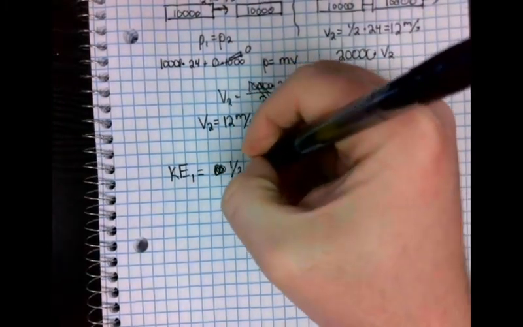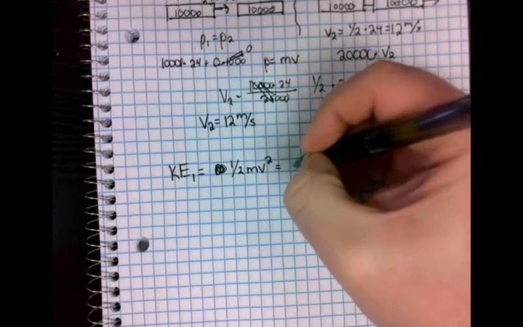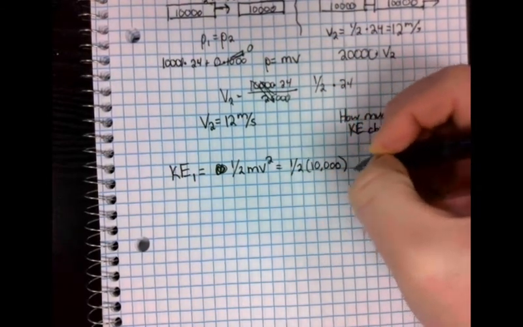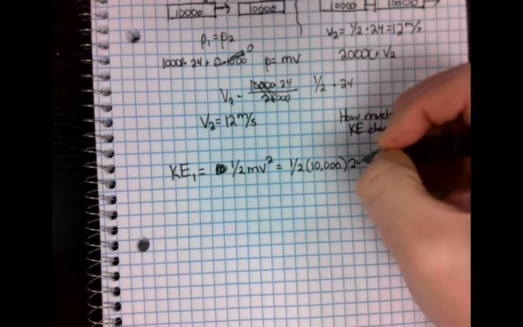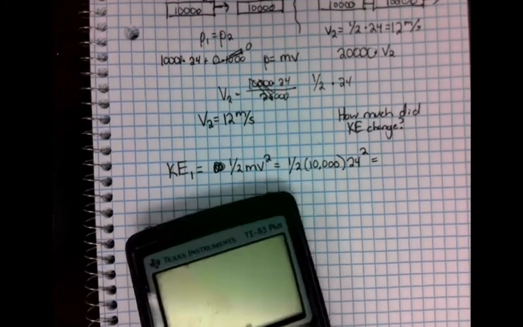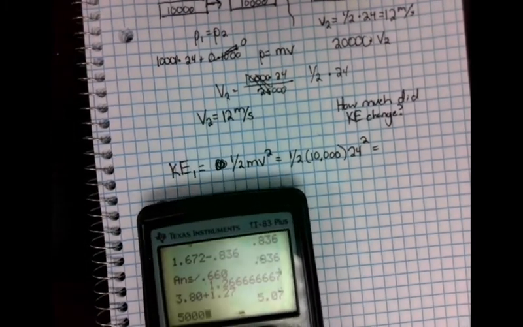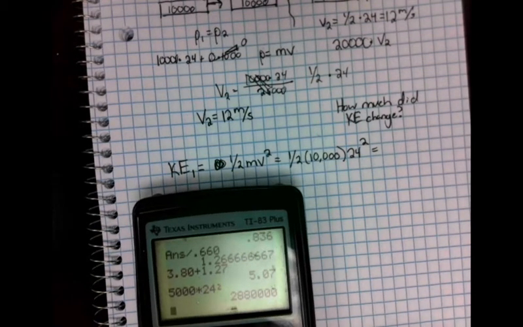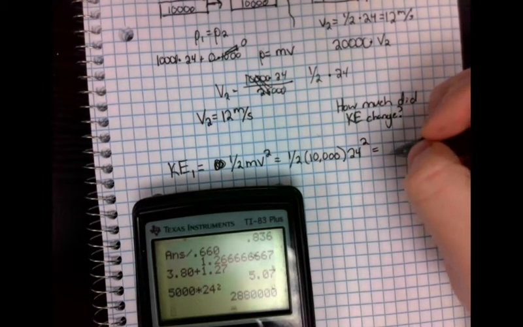So you have 1/2 mv squared. We're going to have 1/2 times a mass of 10,000, and our v in this case is 24 squared. Plug that in: 5,000 times 24 squared. We get a very large number, which makes sense because we're talking about a train here.